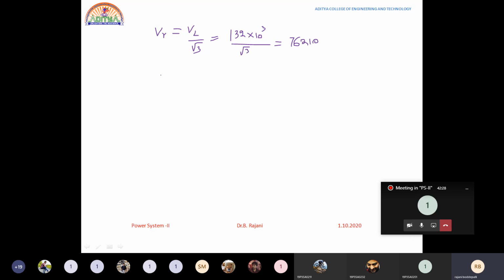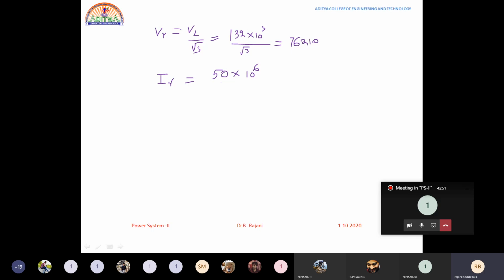Now let us calculate the load current. How to calculate the load current? See, it is given in 50 MVA rating. So you need not multiply the denominator with cos phi if it is given in MVA rating. Only if it is given in megawatts, you have to multiply.